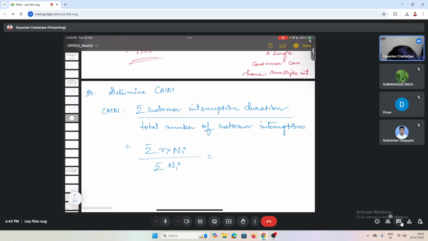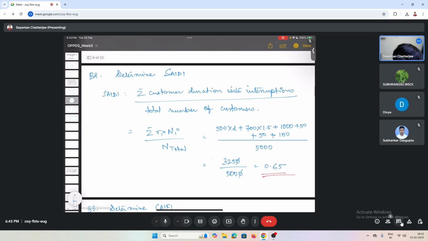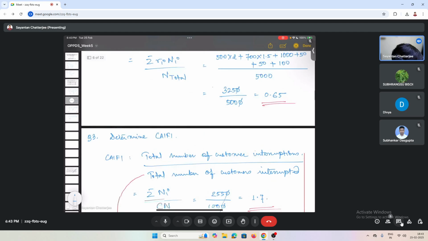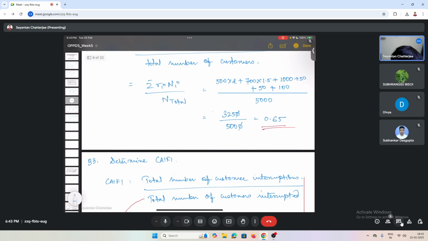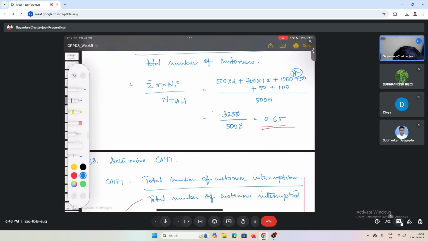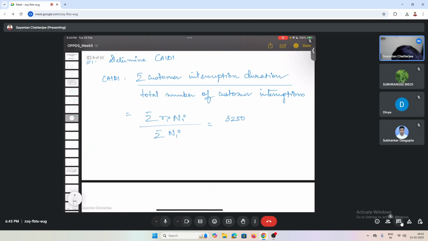Here in the numerator we have RI NI, that means the duration for each customer, as we have already calculated. The duration of each customer is 3250. So this one will be 3250, as we have already calculated it here, and we are directly using it.